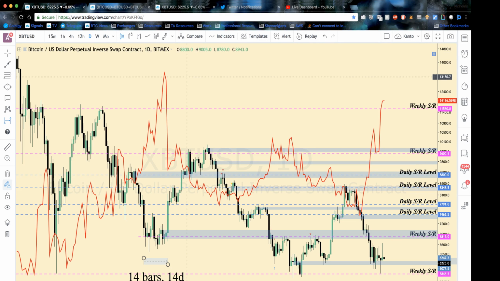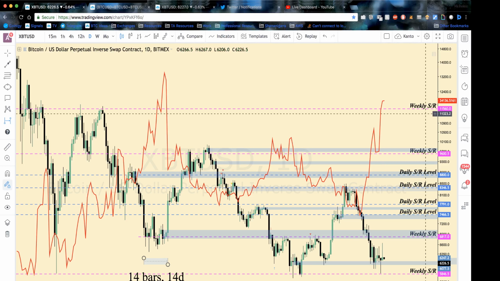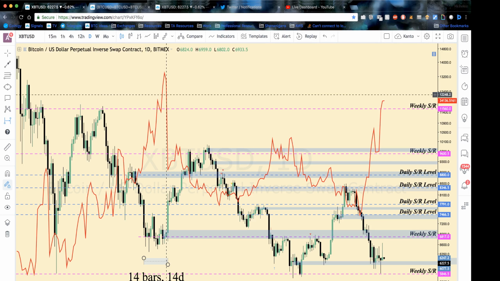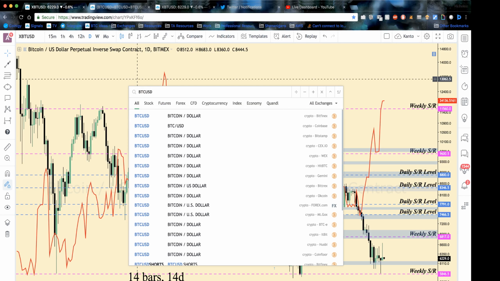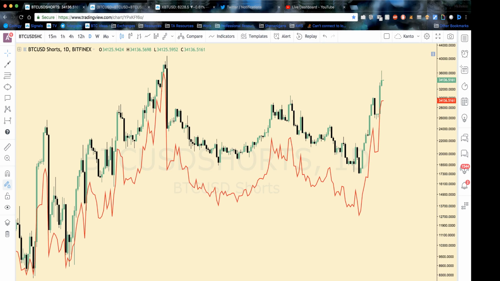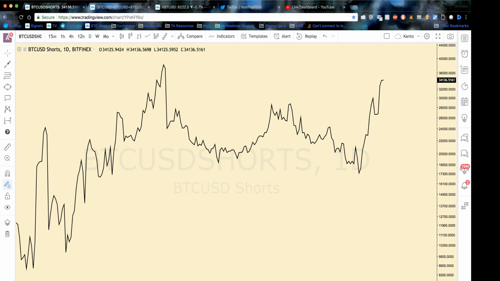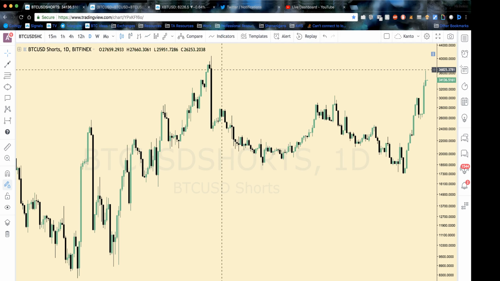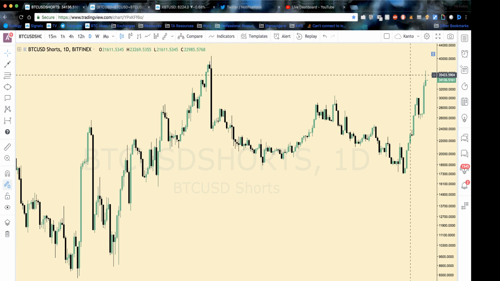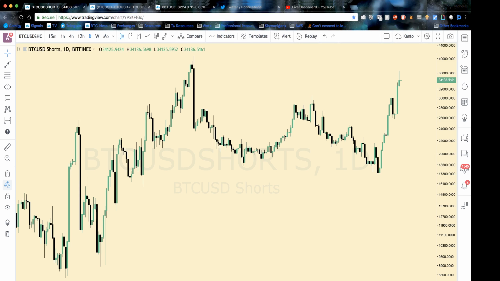Shorts over here, I guess we are going to leave the candle on, got to a high of about 40.7 thousand. Right now, we're only at 34.1 thousand.